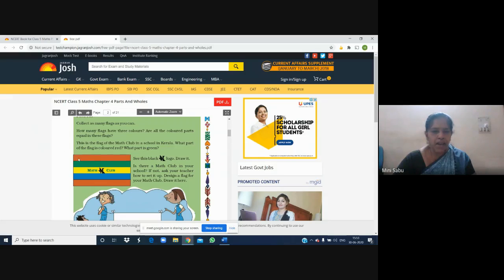What part of the flag is colored red, what part is green, and in the middle one logo is also made. See this black color part, this is the logo, and this is the flag of their maths club. They have made a rectangle, and after that they divided that rectangle. It is the flag actually.